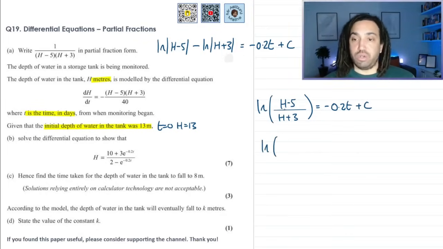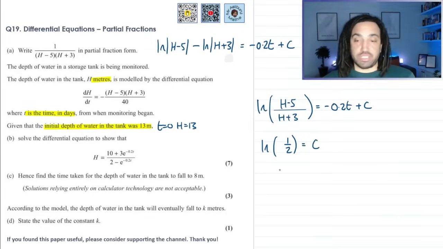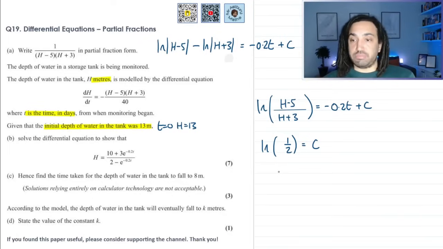So we get ln of, h is 13, we've got 13 minus 5 is 8, over 13 plus 3 is 16. So that is a half. And that equals, well, t is 0, so just c. So we have ln of a half is c. Perfect. So let's just replace the c here with ln of a half, and we are good.